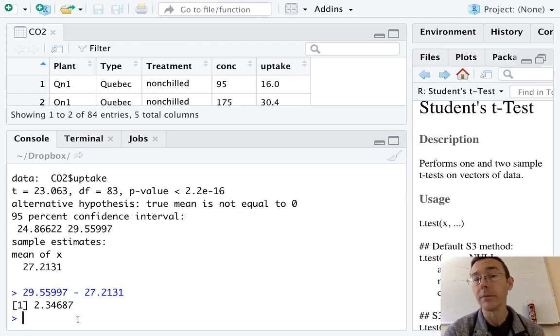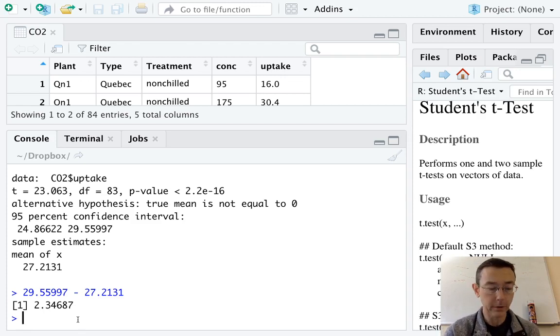In other words, from negative t star to positive t star under the distribution t of 83, we should get 95% of the area of the probability. That means that outside of that region is 5%. On each side is 2.5%.